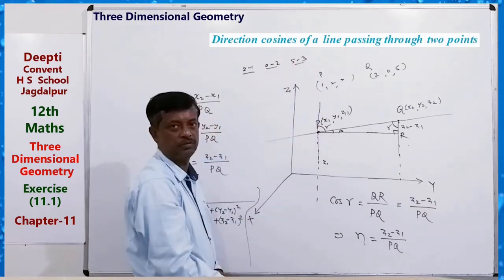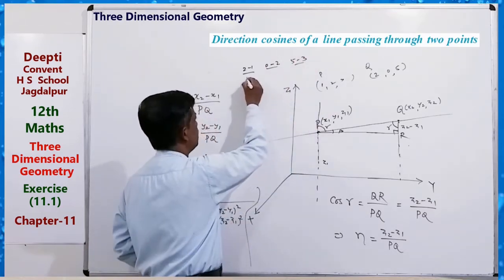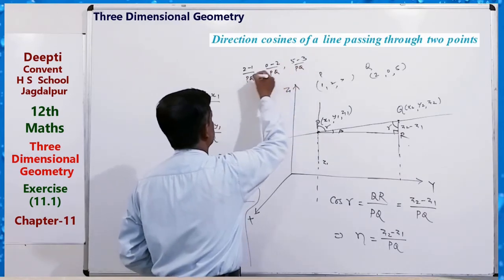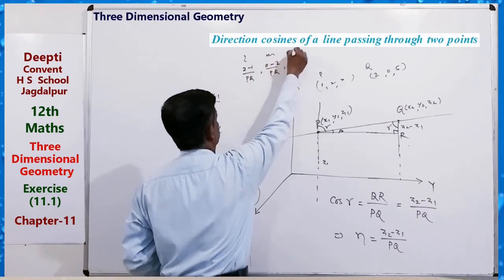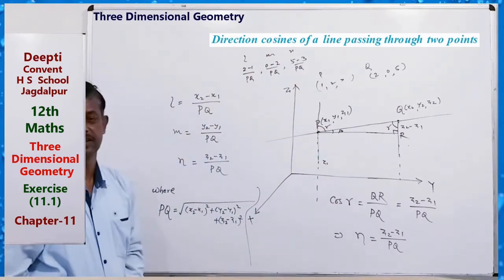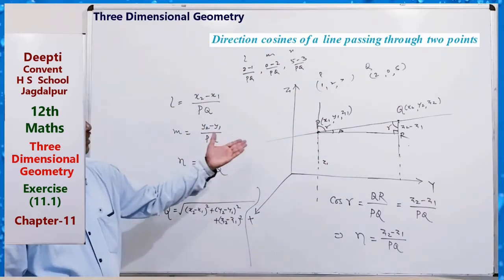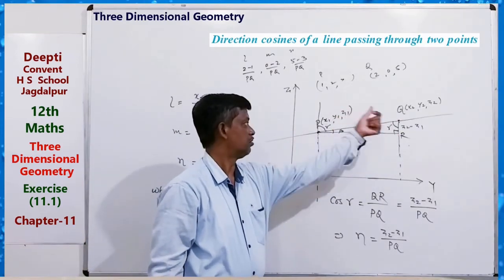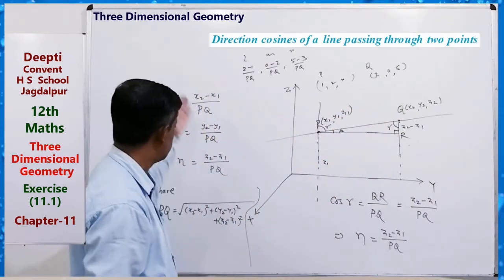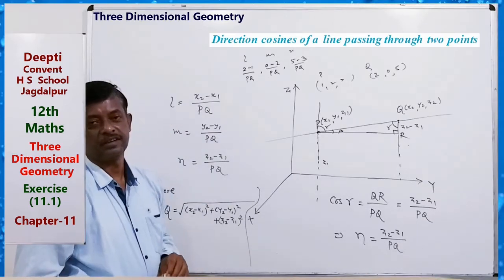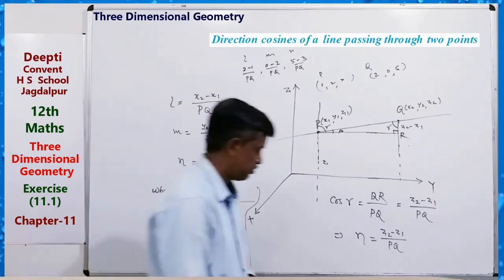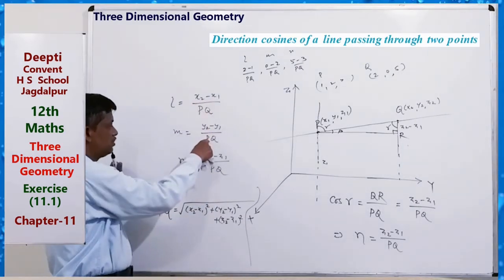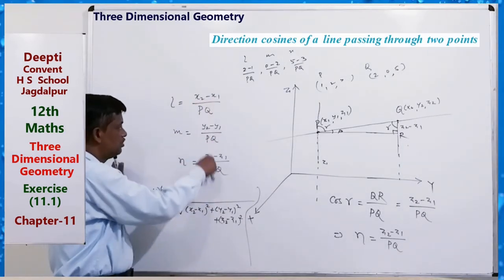Just find PQ. These are l, m and n. So if we have a line passing through two points with given coordinates, then we can find the direction cosines. Clear?